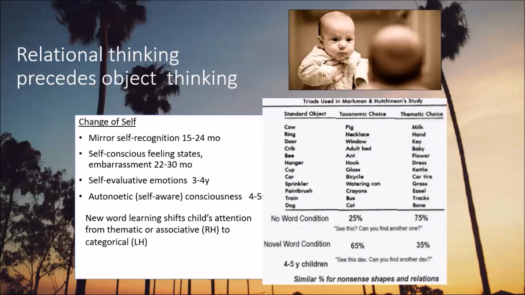In the left hemisphere, we start off relational, maintaining the details of everything. It looks like we almost have photographic memory in the beginning of life. But then as we start to learn language and speak, we start using this categorical representation, and we start losing that ability of perfectly remembering all the events. And that's why it's just more efficient.